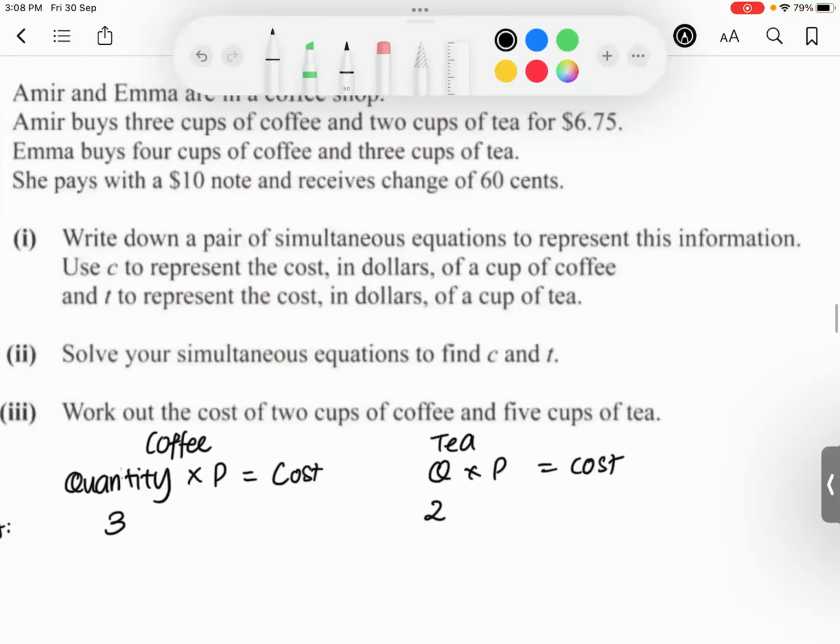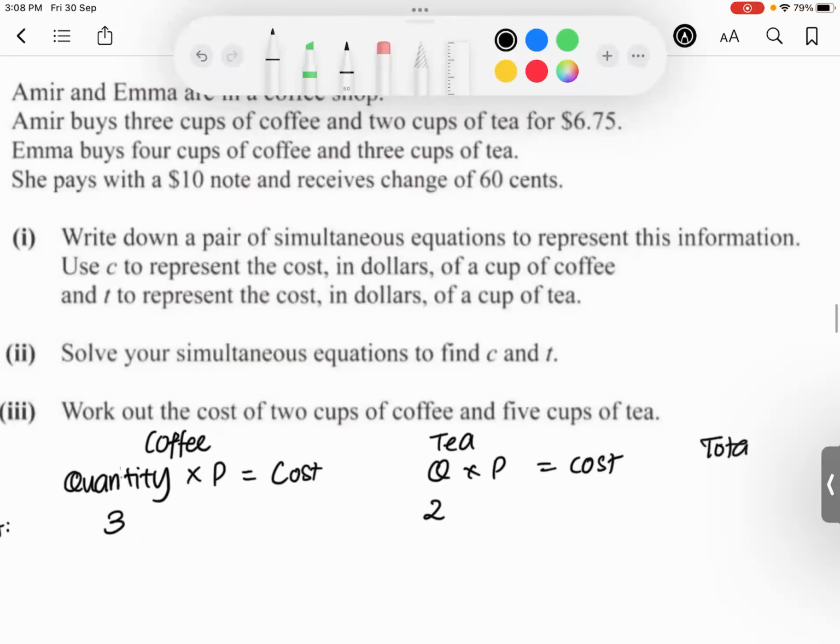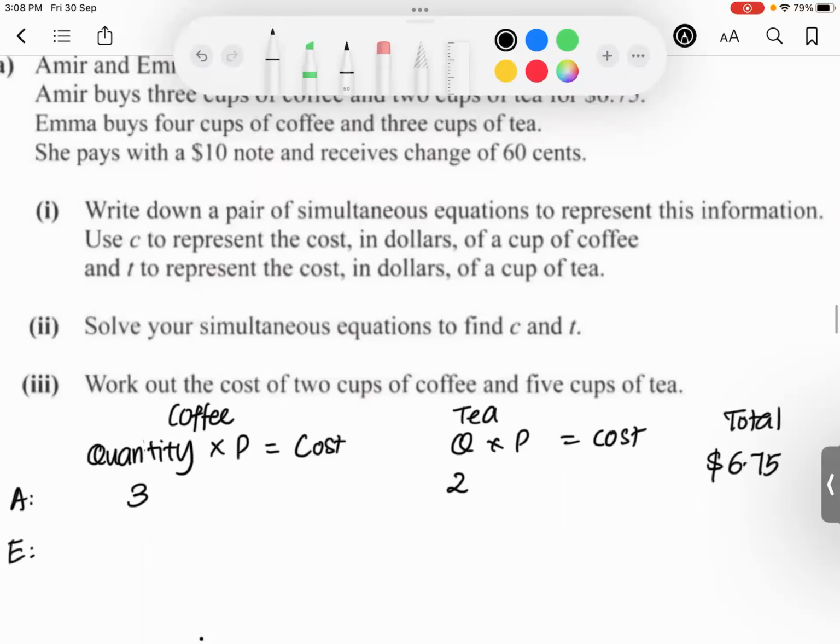For Amir, he buy 3 cups of coffee, 2 cups of tea. I don't know what it is, but the total cost is equals to $6.75. Emma, she buy 4 cups of coffee, 3 cups of tea, and she pays with a $10 note and receive a change of 60 cents.